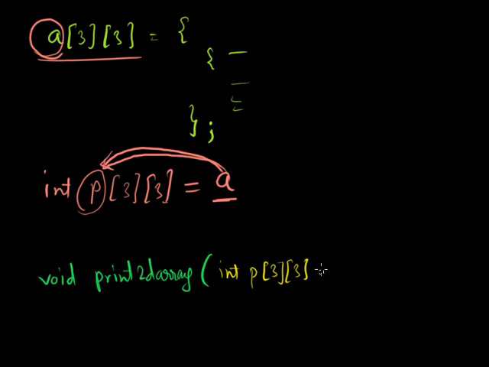Now I'm telling you that it accepts a 3 by 3 array. In fact, it will accept a pointer like this. It will only accept the base address and assign it to p. And we have int r as rows and int column as columns, so that we know what our boundaries are for this array.